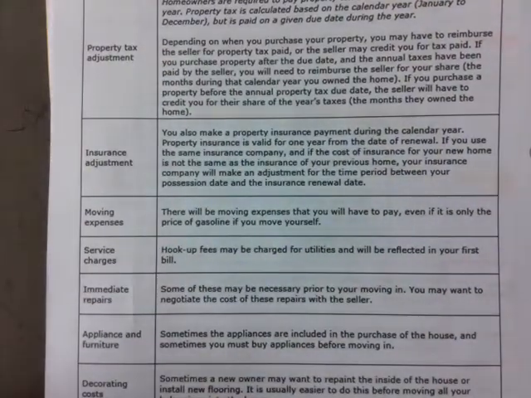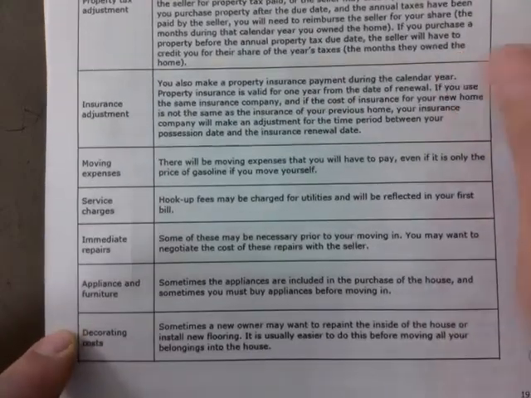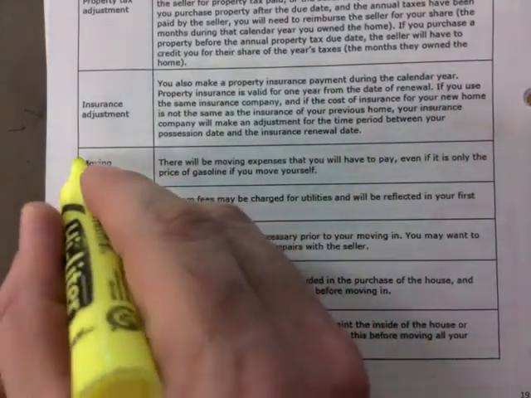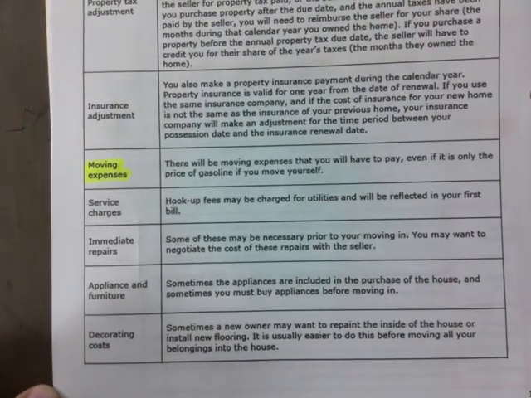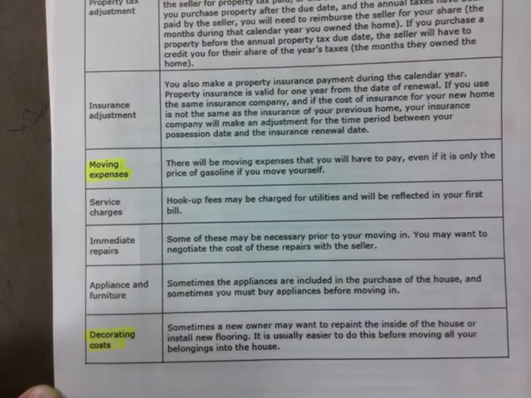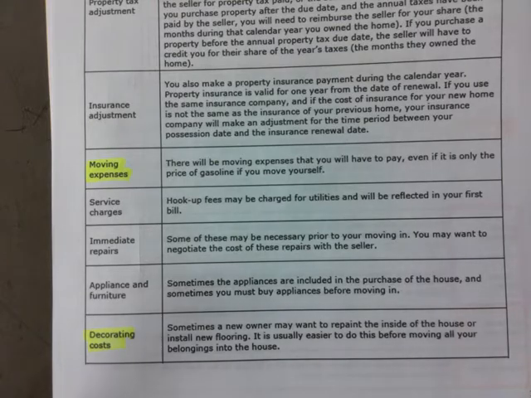I'm just going to highlight one or two back here. There's moving expenses, of course. And I will say there's decorating costs at the bottom there. And you're like, decorating? It's basically renovations or blinds or curtains.